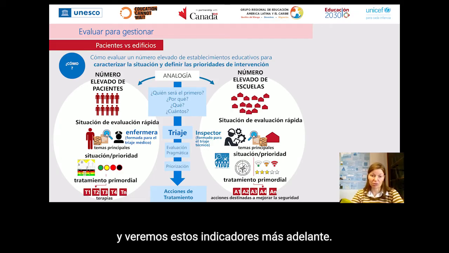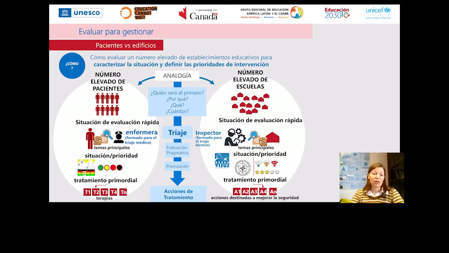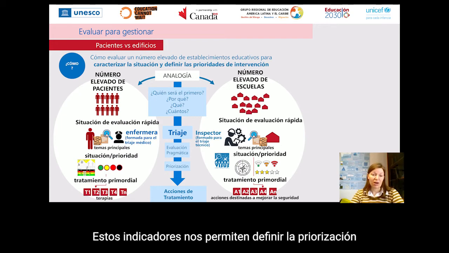We will see these indicators later on. These indicators allow us to define the prioritization among the large number of schools, and then to define the treatment routing and the safety upgrading actions required in order to improve the safety of the schools.